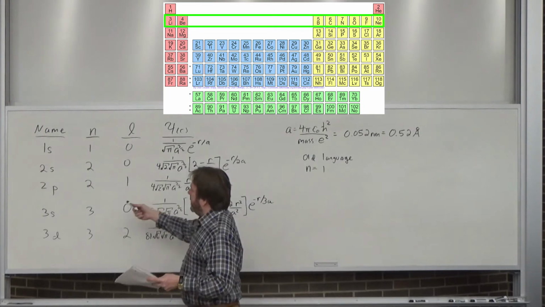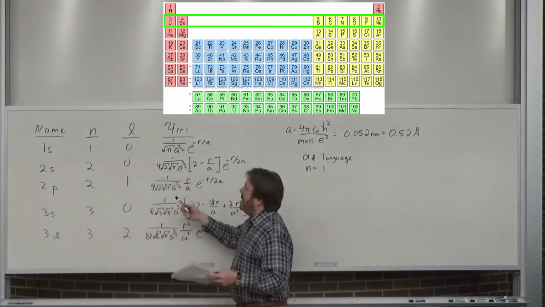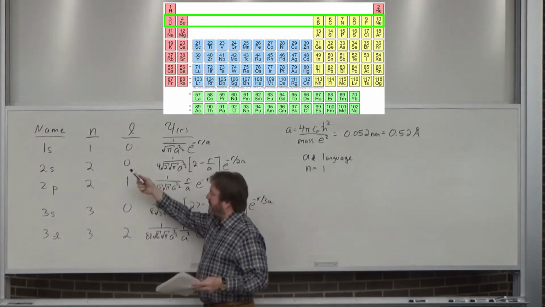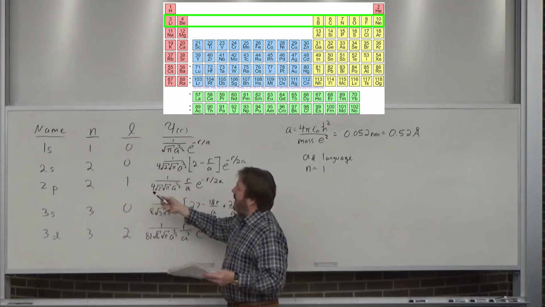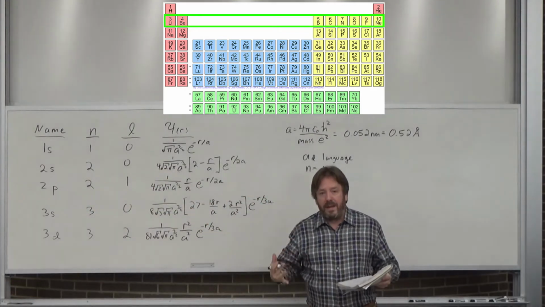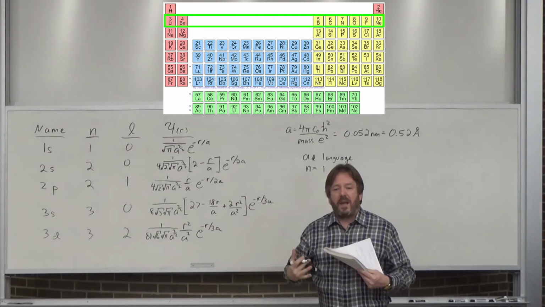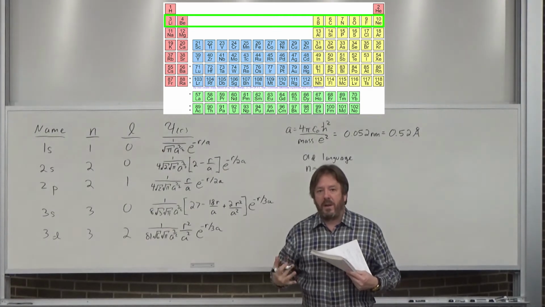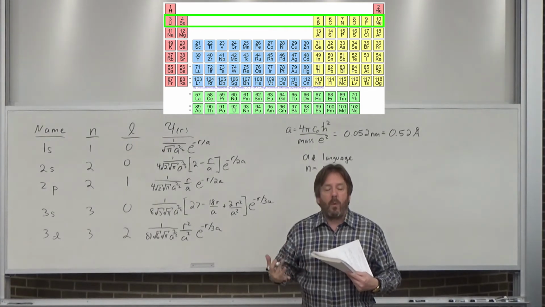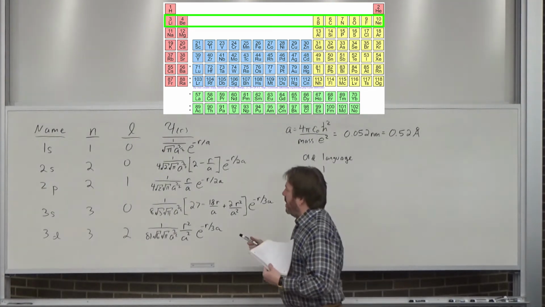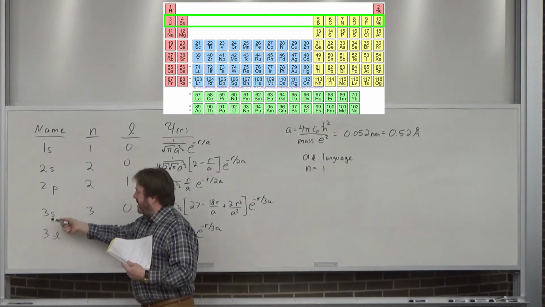And then when we get to the p block, we have so many electrons that the 1s and 2s are filled. And so the valence electrons are all in the p state, the first p state that's allowed, which is the 2p state. So that's why for carbon and nitrogen and whatnot, you're always looking at how the p orbitals bond. So the n quantum number has kind of double duty.